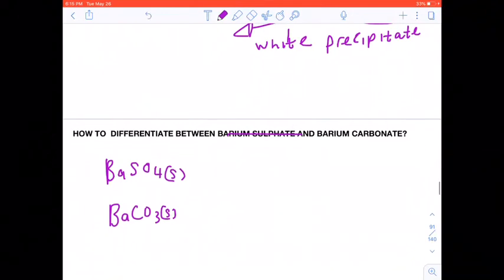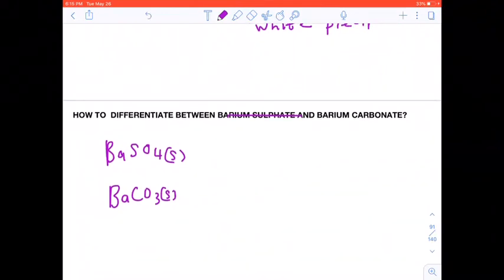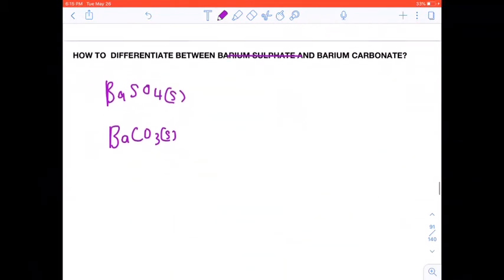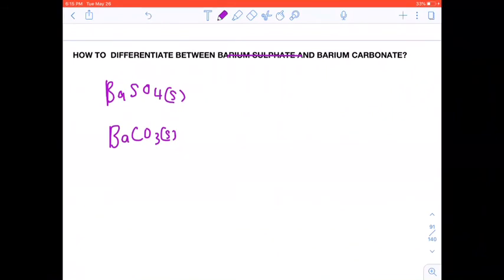So what we do then is we say, all right, we take barium sulfate, and we add nitric acid to it.